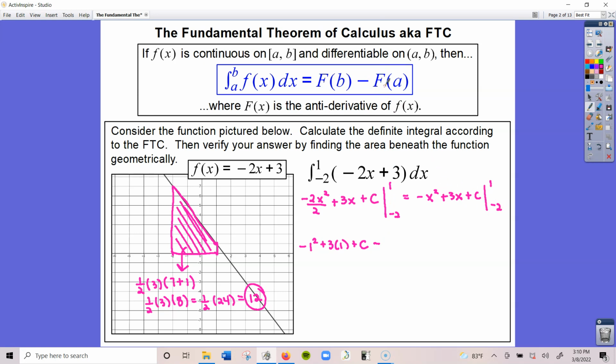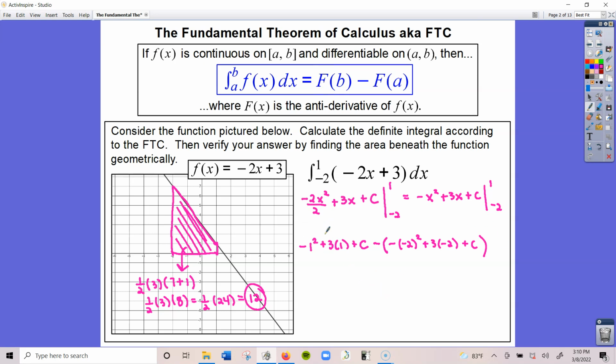But we need to subtract everything that we get once we plug in the negative 2. So I'm going to have to remember to open a parentheses and then plug in the next number. So this would be negative 2 squared plus 3 times negative 2 plus c, close parentheses.